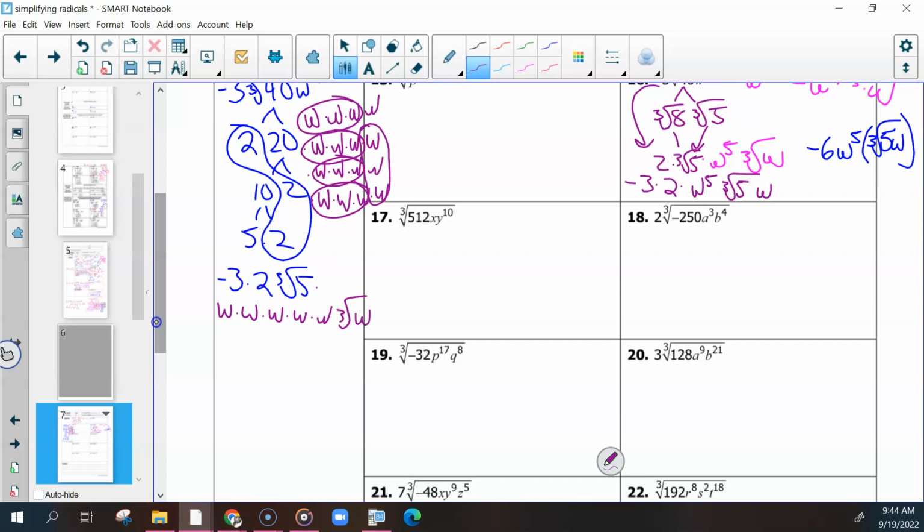And then simplifying this, we have negative 6 times the cube root of 5 times w to the 5th times the cube root of w. And then rearrange it again. So you get the same thing either way, just one takes a little bit longer.